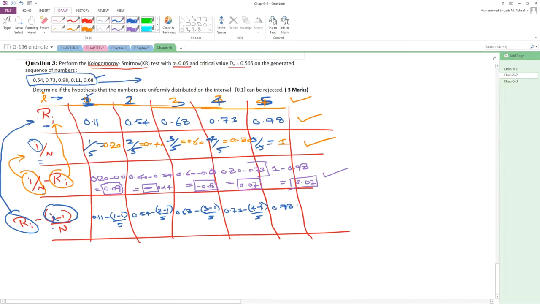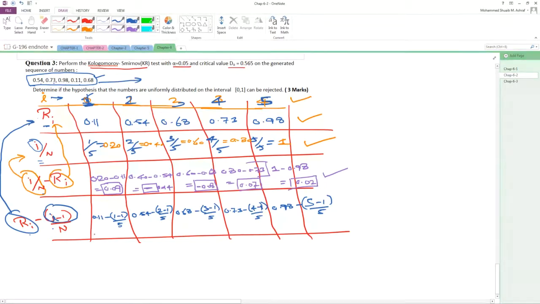Here 0.98 minus 5 minus 1 divided by 5. Okay, so calculate.